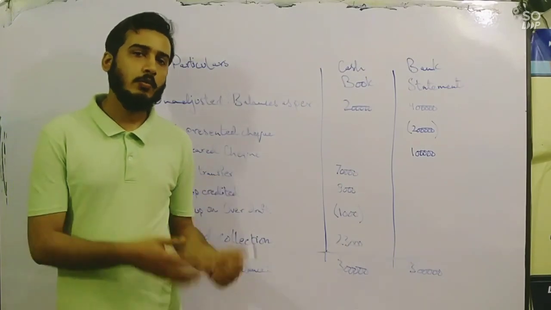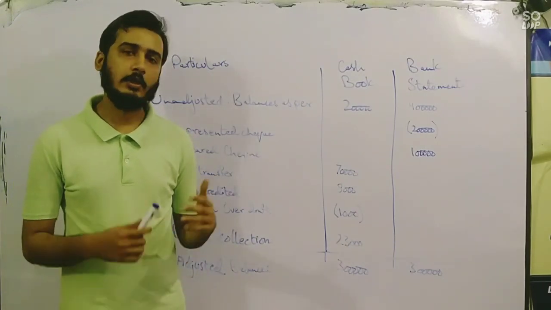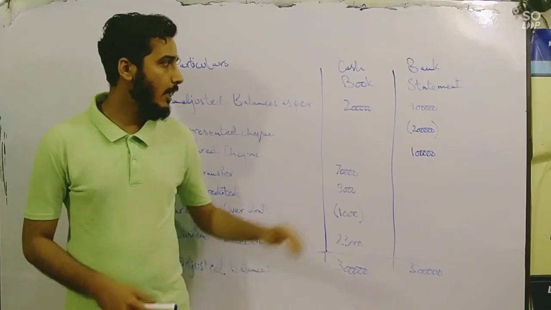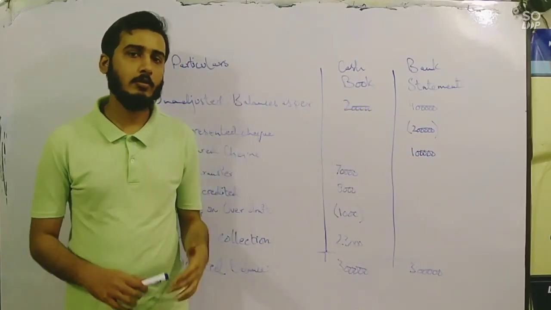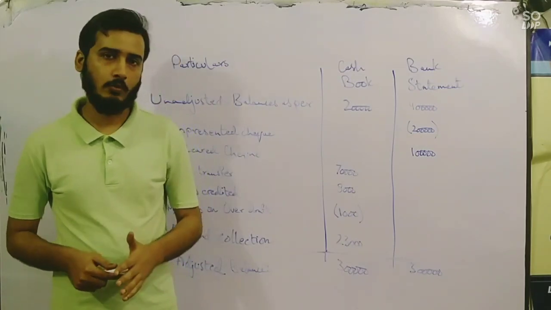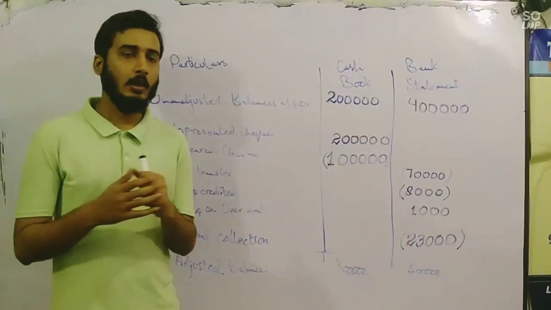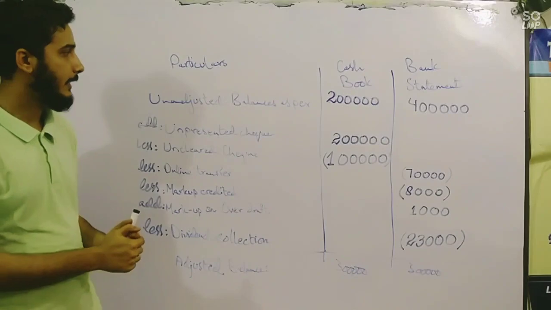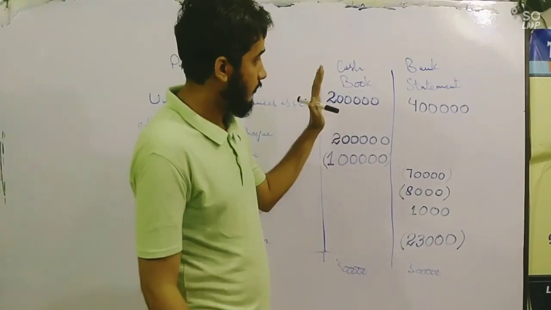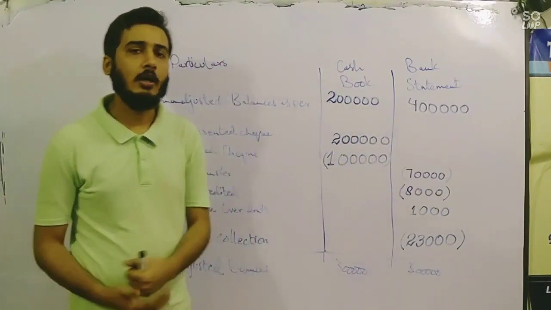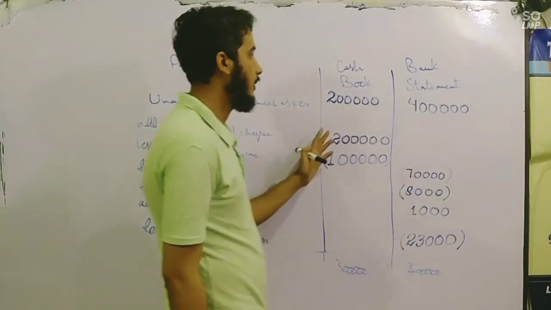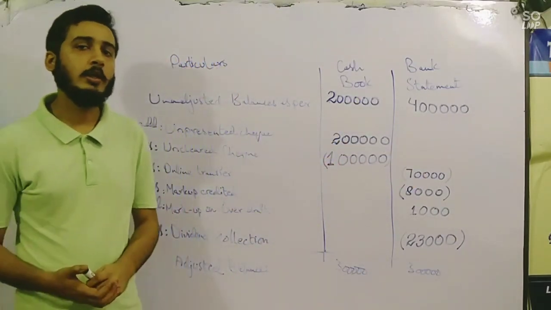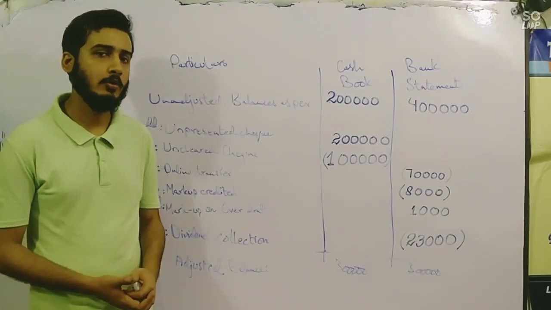Now, let us move forward to the next step: if only one balance is given, for example, if the cash book balance or the bank statement balance is given, what do we have to do in that case? Okay, so the second type can be, if in the question I am not given the bank balance and it has given me only the cash book balance, what do I have to do?